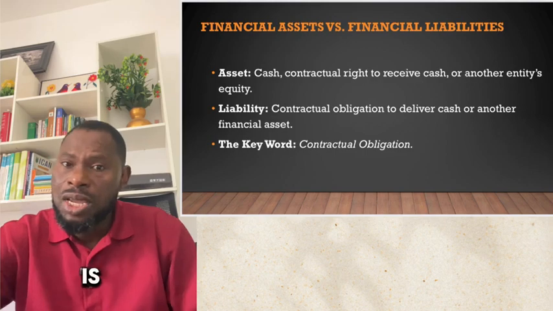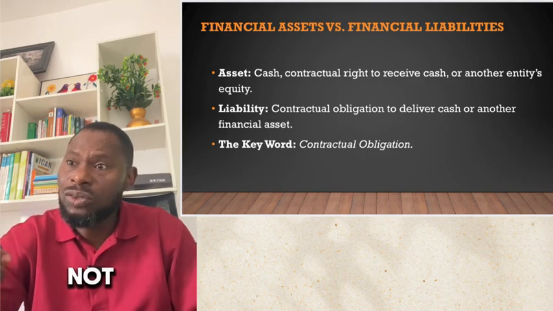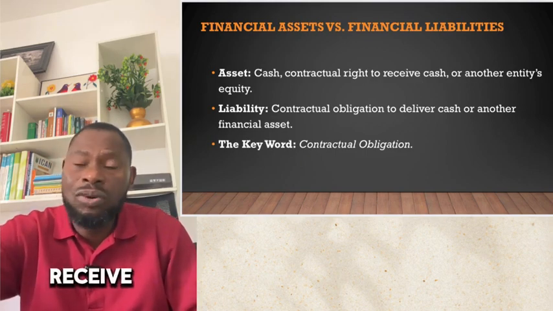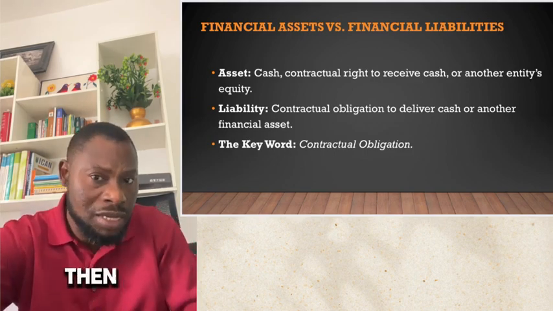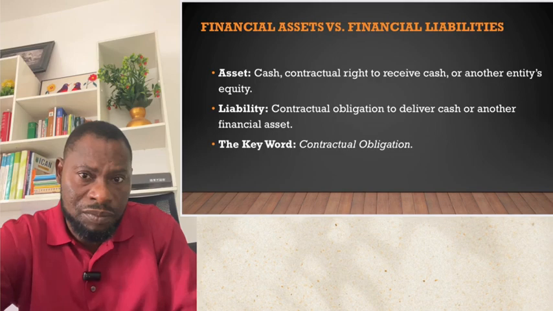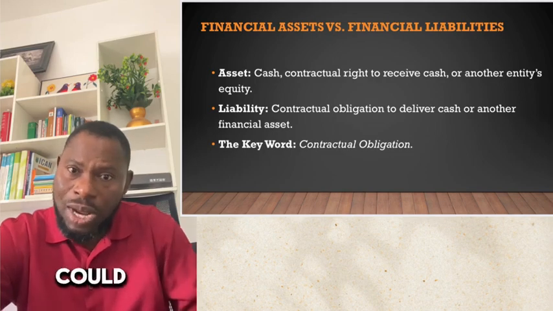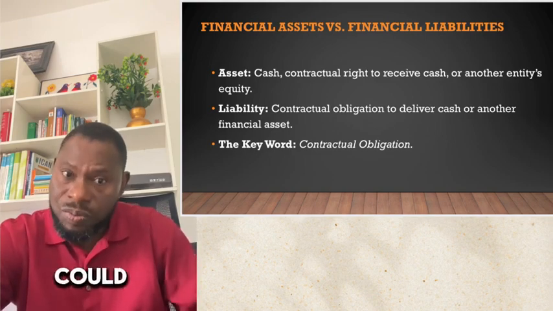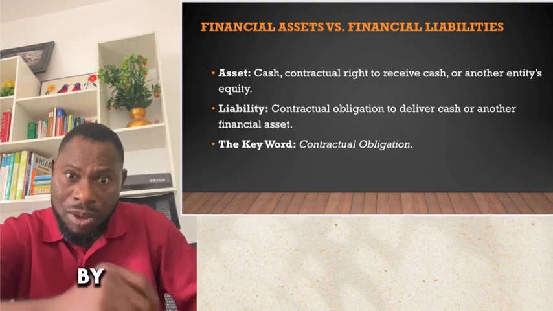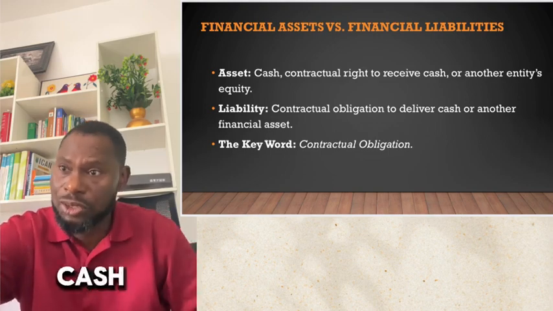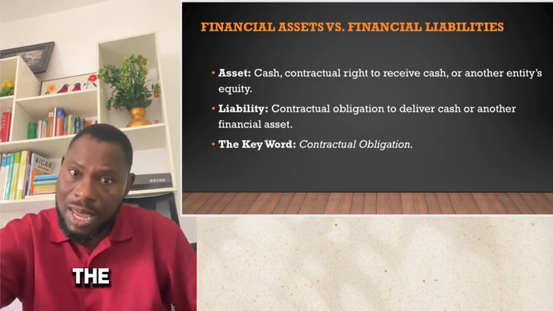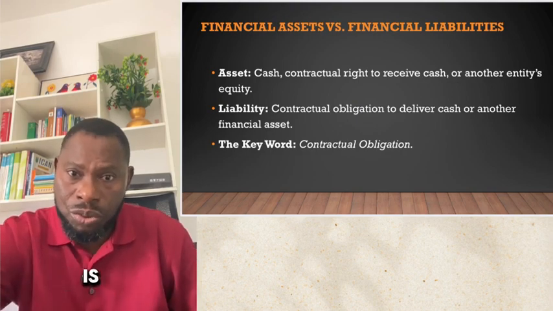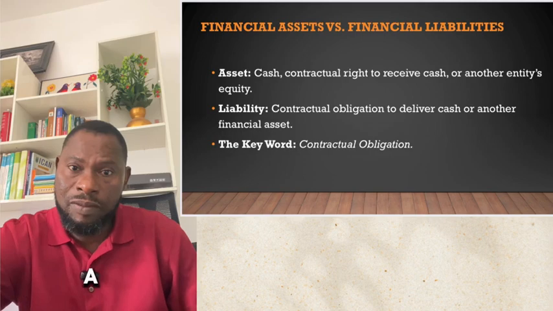Another one is if you have a contractual right not to receive cash, but to receive another entity's equity, then that is also a financial asset. You see that? By contract, you have the right to receive cash or to receive the equity of another company. So this is what we mean by a financial asset.